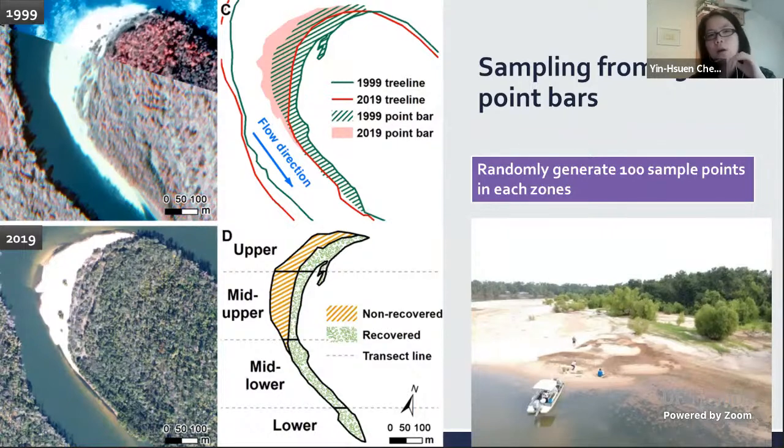So some of the point bars don't have an overlap between the two years, or some point bars just totally recovered, so you don't really see them. Those are point bars we didn't select, so eventually there are only 15 of them. Once we defined the recovered and non-recovered zones, we randomly generated 100 sample points in each zone, which ended up being 3,000 sample points for the modeling.